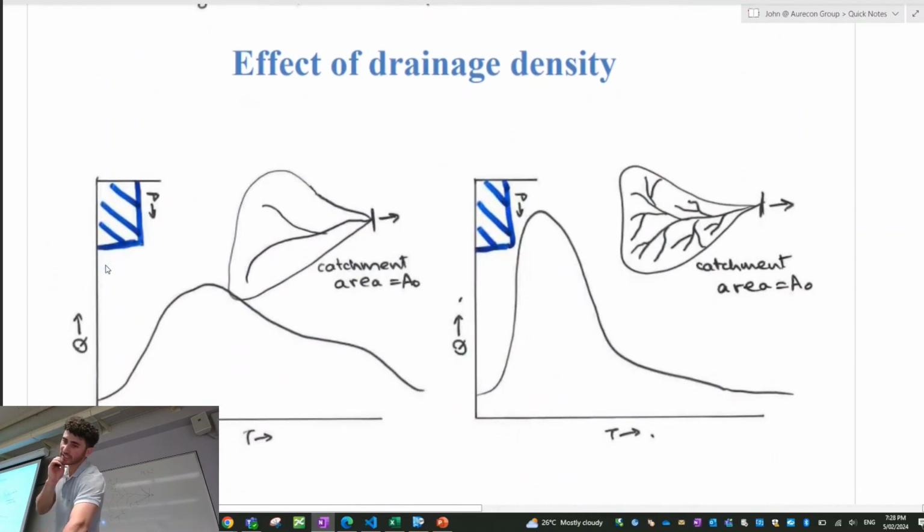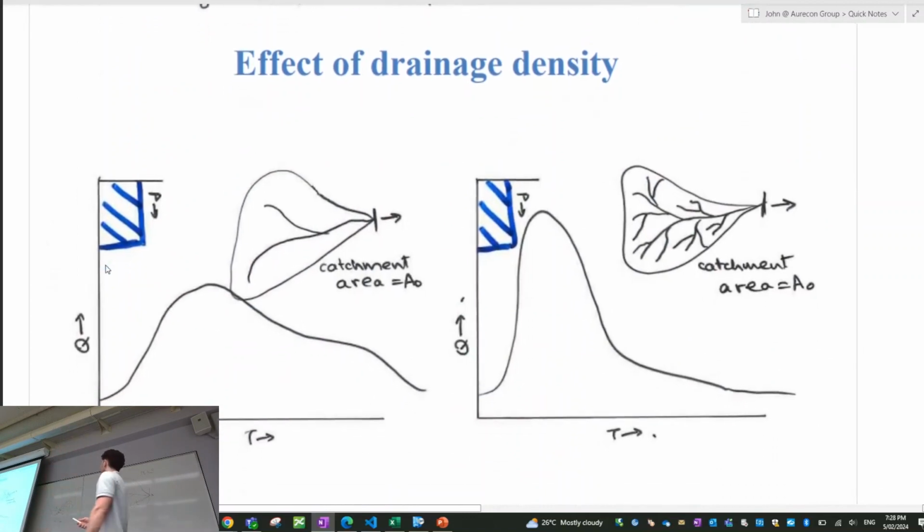Okay, drainage density. If we look at the catchment I've drawn, the difference between the two is that you have more, what's the word for it, hierarchical waterways, lecturers.